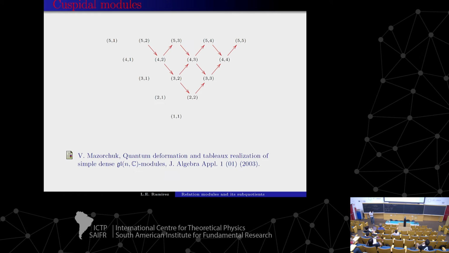Also, we have these cuspidal models. They were also studied by Mazorchuk, and it's quite interesting. If you look at this piece of arrows, it actually looks like, in the case of finite dimensional models, the standard one for GL4. For this example, I take n equal 5.